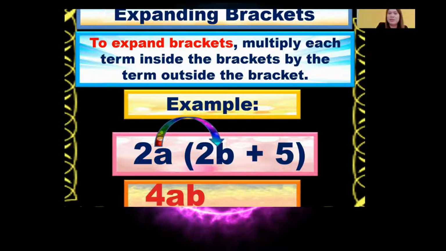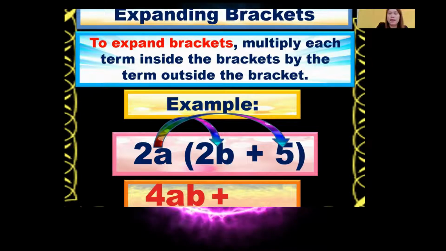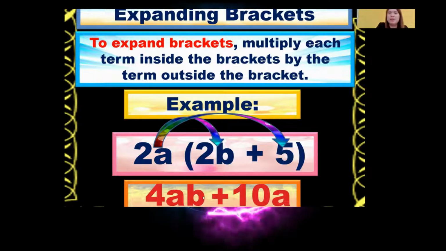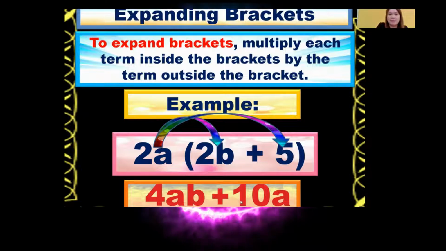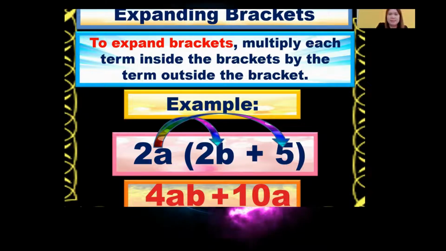So here, very simple, it's just 4ab and 2a times 5. 2 times 5 is 10 and copy a. Are they like terms? No, because 4ab has b while 10a has only a. So we cannot add 4 plus 10. Again, add only if the terms are like terms.